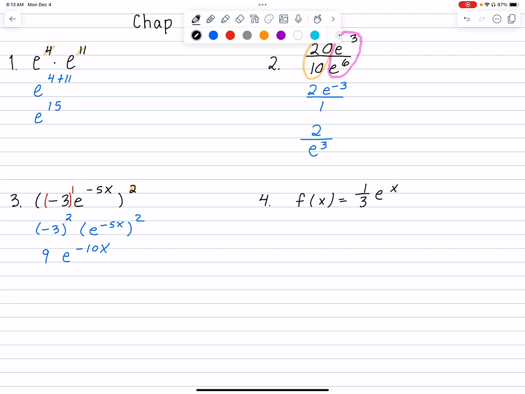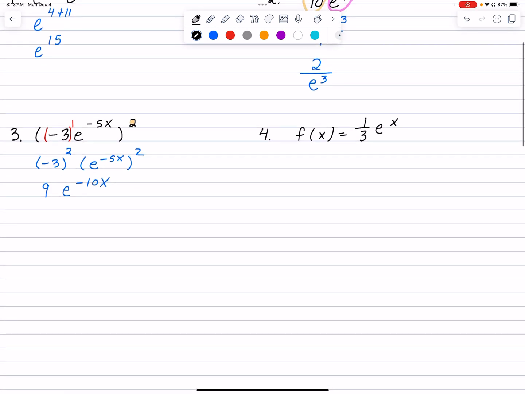So for this one, we're supposed to determine whether we have exponential growth or decay, and then graph. So let's see what we can do here. Reminder that we have exponential growth when a is positive, and when the exponent itself is positive.